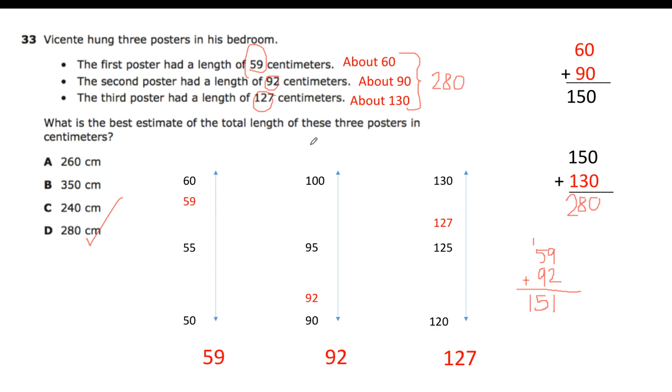Great, but I'm not done yet. I still have this 127. 151. I don't think I'm going to have enough room right there. Try to fit it. Plus 127.